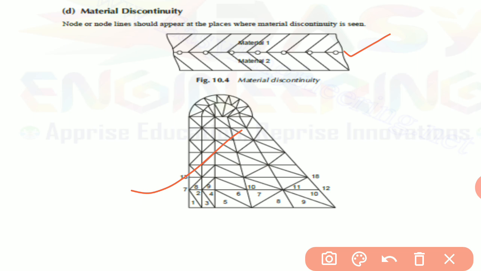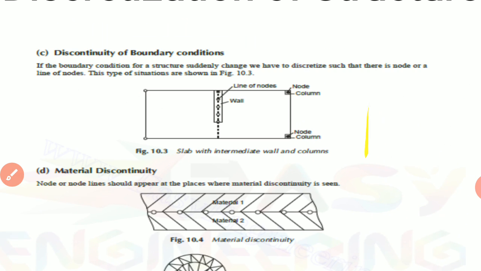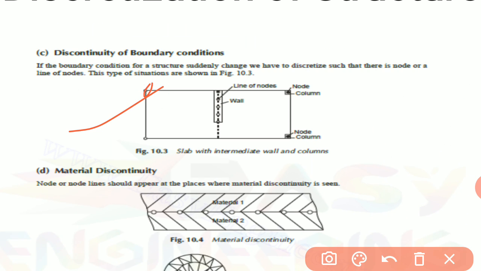The first is material 1, the second is material 2, and each is again divided into a number of finite nodes. And here, for the discontinuity of boundary condition, we have also divided. Now we know the shape of the structure is rectangular, so we have divided it into 4 nodes, like that.